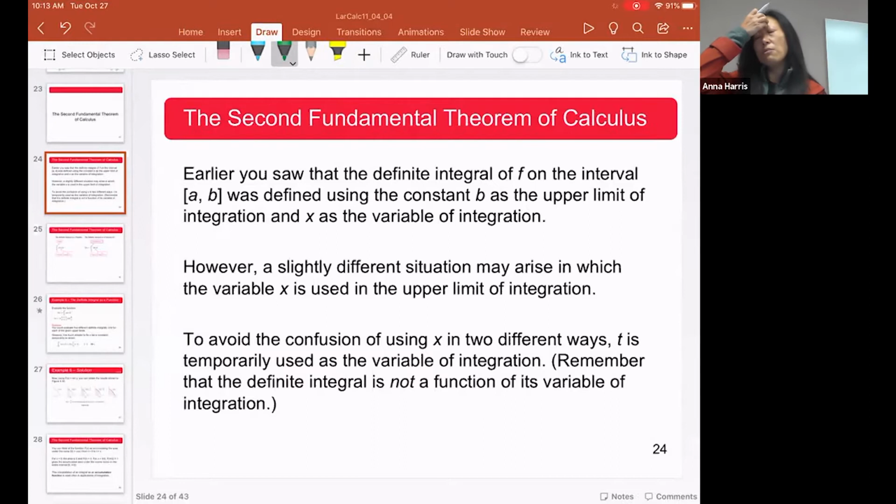Okay, now we're going to change it. However, a slightly different situation may arise in which a variable x is used as the upper limit of integration. So we're going to change variables now, so we're not confused with the variable as upper limit and the function as x. So we're going to introduce a new variable called t.